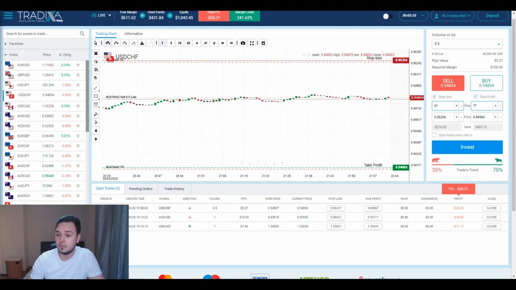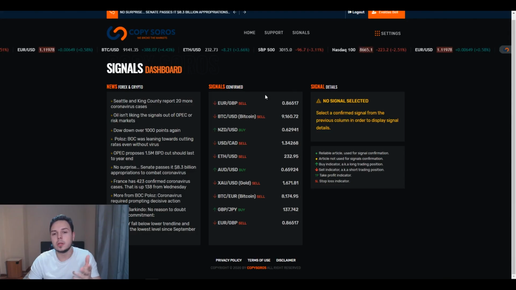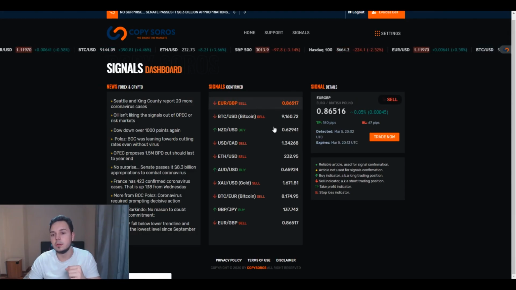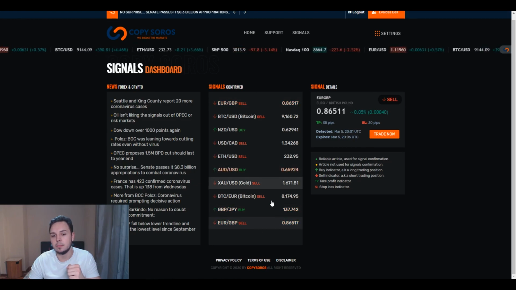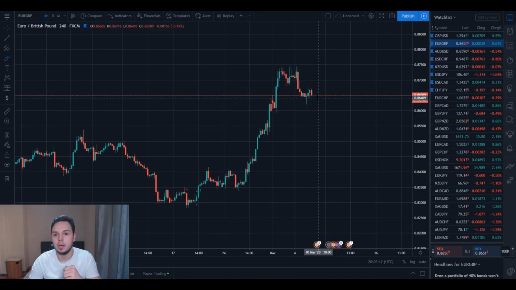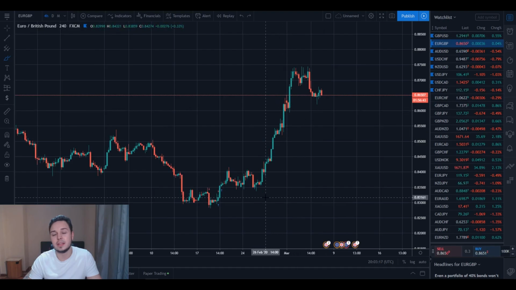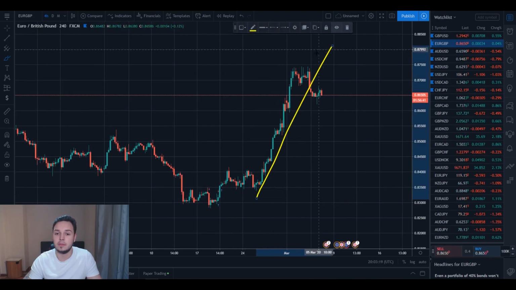USD CAD was in profit for like a second, and now it shot towards the downside yet again, which is a little bit strange, but we'll see. So I'm looking at the signals now. Euro GBP could be a nice trade towards the downside. Maybe let's choose this one, since this take profit low is much smaller. I believe there is a potential for a move towards the downside. I don't think it's going to be a massive move, since this trend line over here has totally been broken.